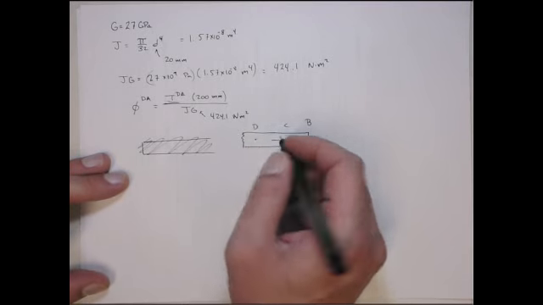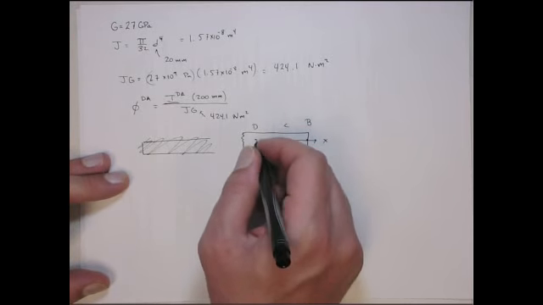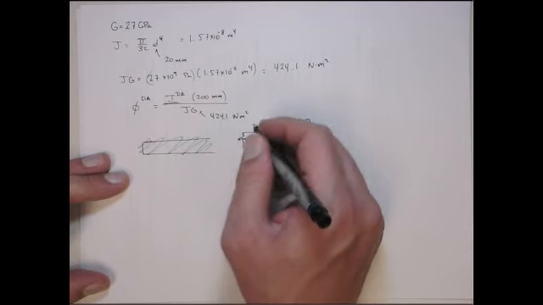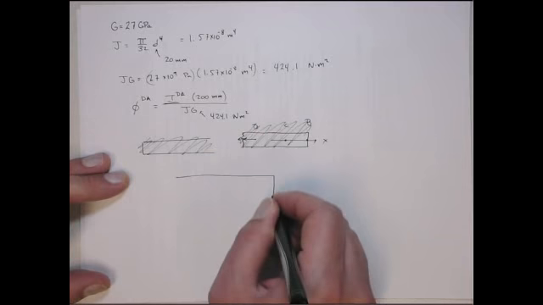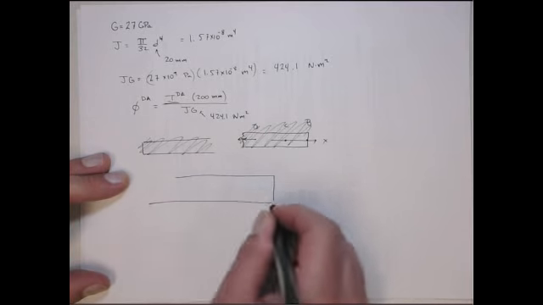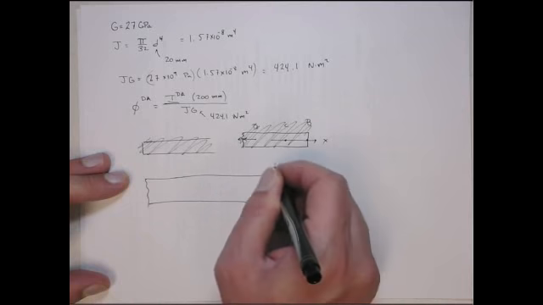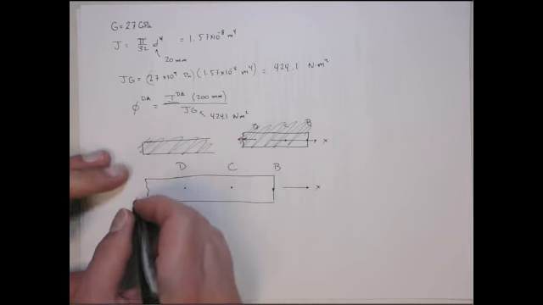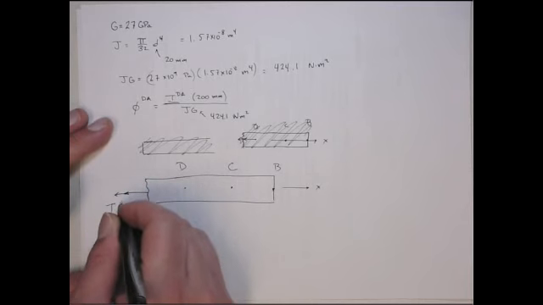At D, this is where we want to be careful of the sign convention. Let me draw this bigger. This is the x direction. Here's point B, here's point C, here's point D, and here's the internal reaction torque in section DA.